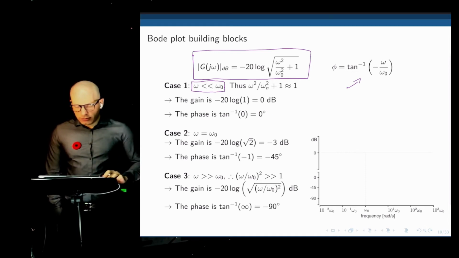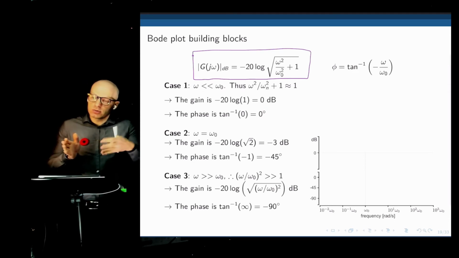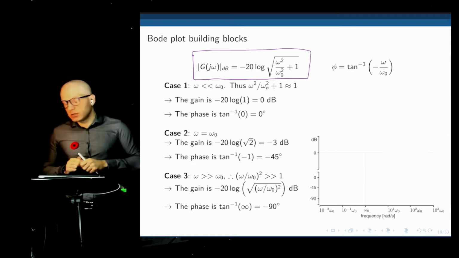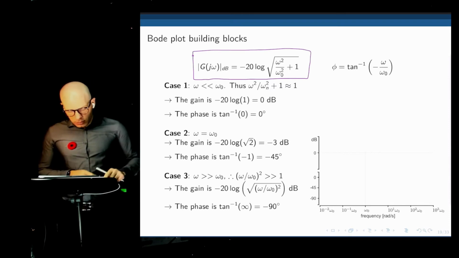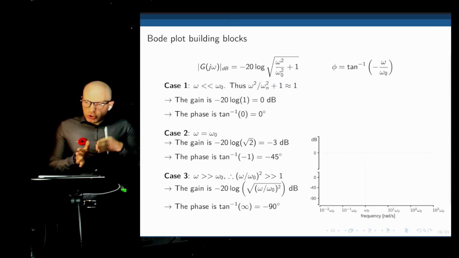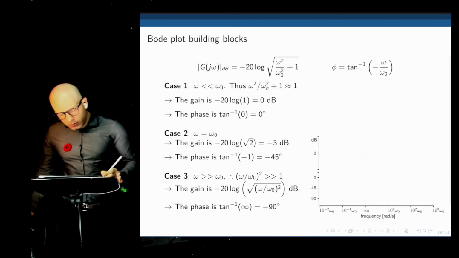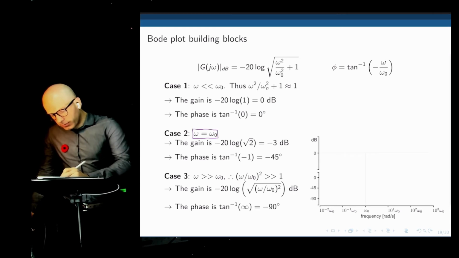So as we slowly increase the frequency up to the point where we meet the cutoff frequency, we can say that the gain is 0 and the phase is also 0. Then we reach the point where we actually meet the cutoff frequency. In this case, case number 2, the frequency we are evaluating the system at is exactly ω0.